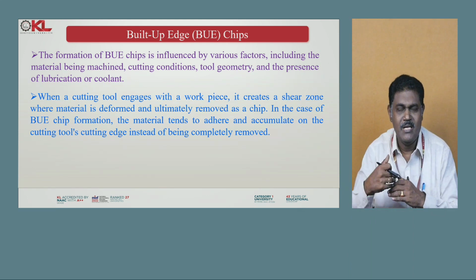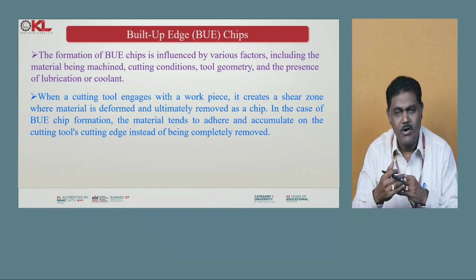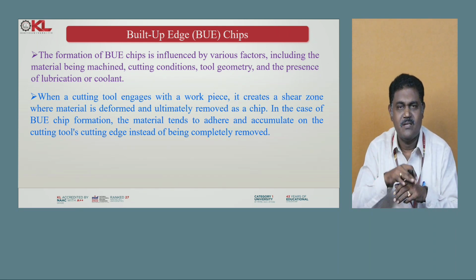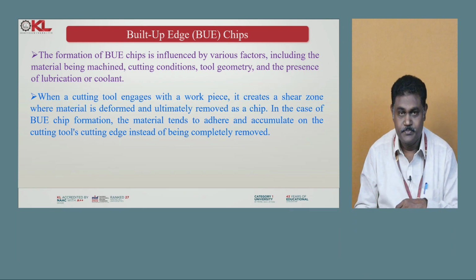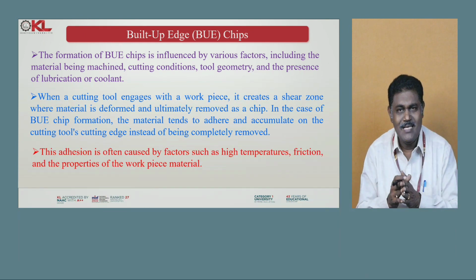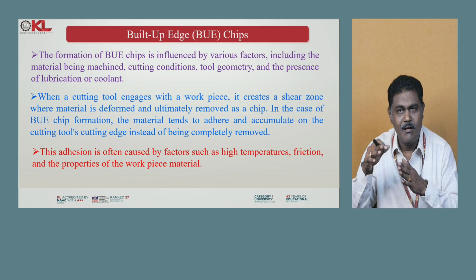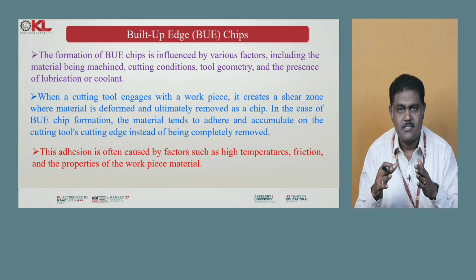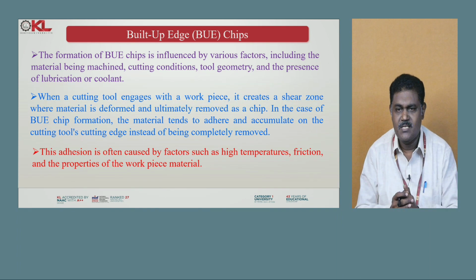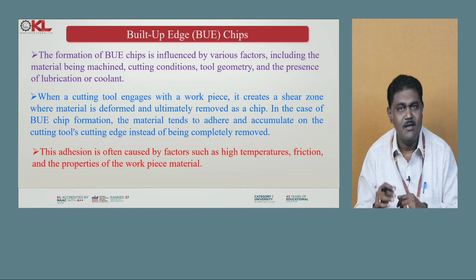Because of this accumulation, the edges form one after the other, and it builds up at the edge on the surface of the tool. This adhesion is often caused by factors such as high temperatures, friction, and the properties of the workpiece material.